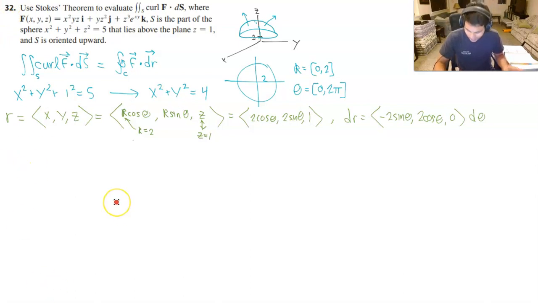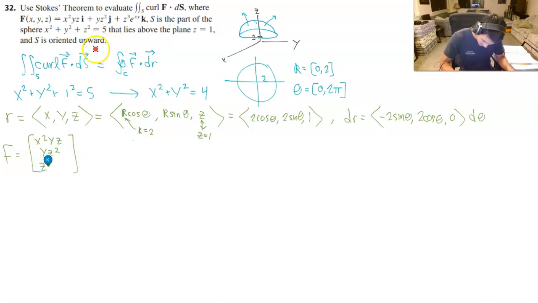Okay, now this is dr, but we need what F is, and we do have F, but we have F in terms of x, y, and z. So let's put F in terms of what r is. We said that x, y, and z is equal to this. So we had our original vector F, which was x squared y z, y z squared, and z cubed e to the xy.